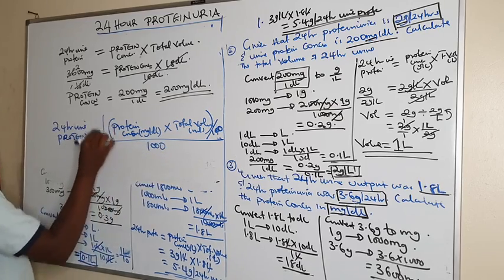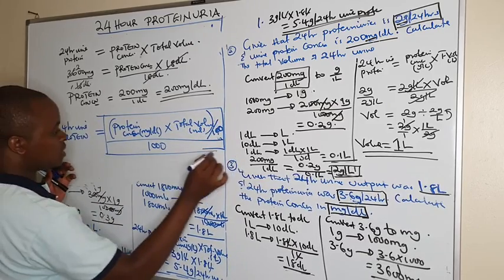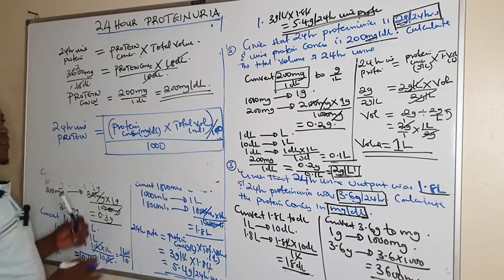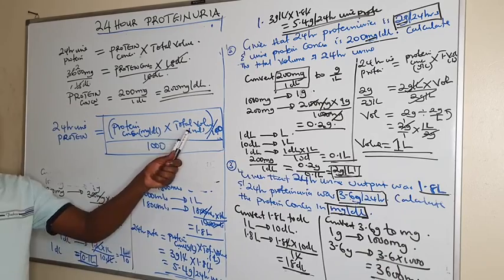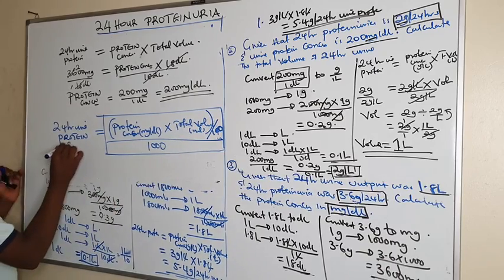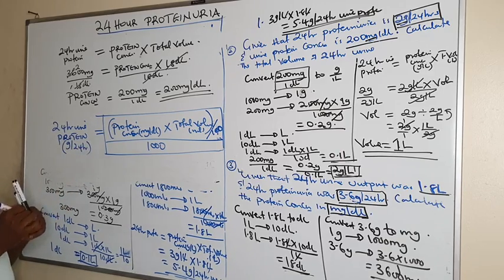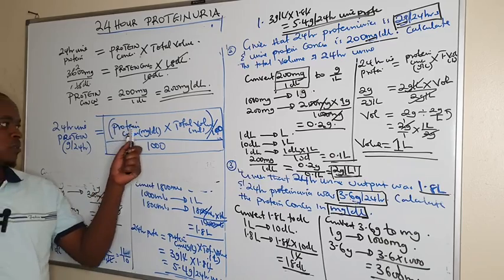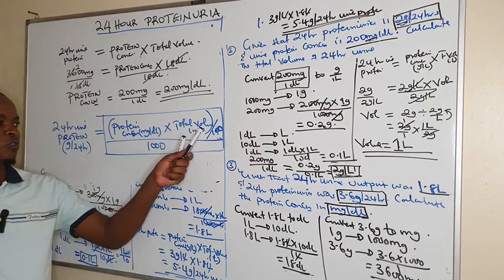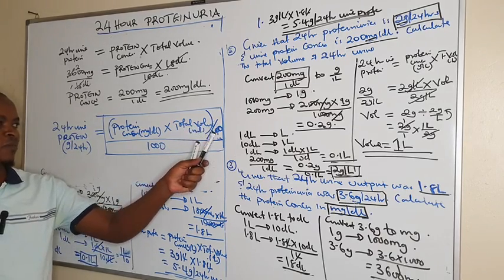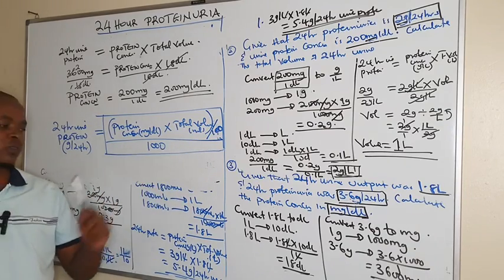This formula is used directly to get the answer without using first principles. So if concentration is in milligrams per deciliter and volume is in mils, and we want the answer in grams per 24 hours, you use this formula.